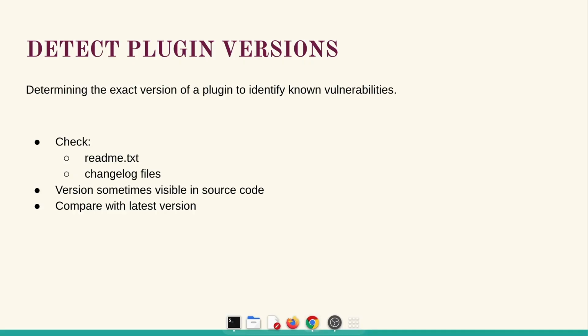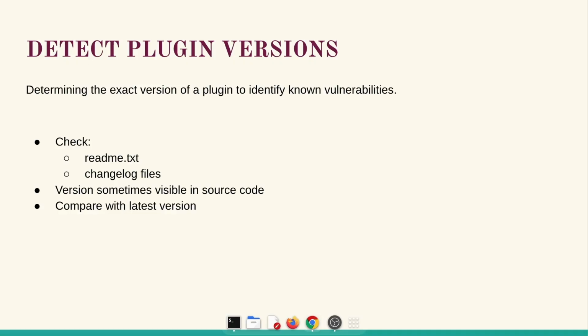Older versions often contain public exploits. If we find a version, we map it to known vulnerabilities. We have to stop guessing and go straight to exploit, gain access and take over the site. This command is to detect plugin versions.